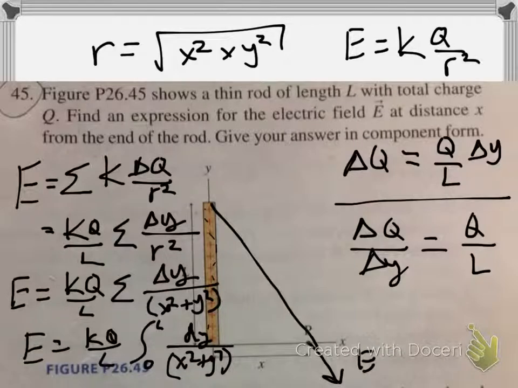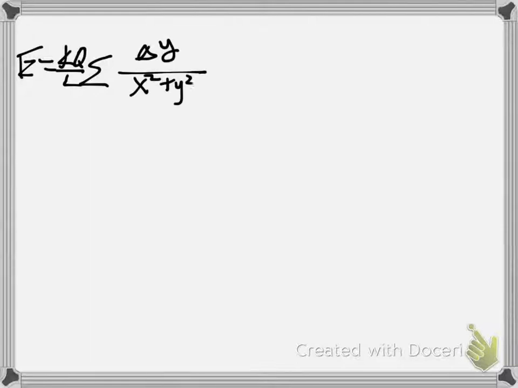So if we take the sum, this E was equal to KQ over L times the sum of delta Y over x squared plus y squared, right? And then we just need to come up with EX and EY.